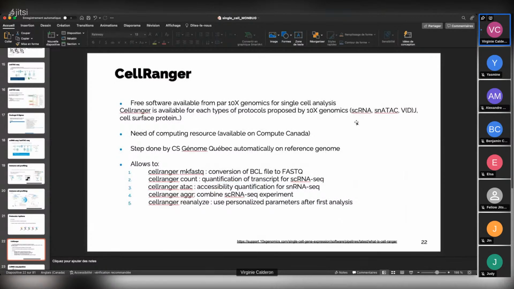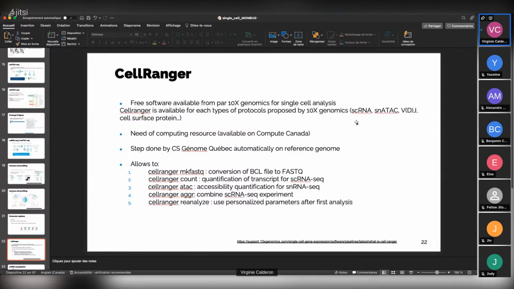Again, I'm not working for 10x, but 10x is proposing a Cell Ranger solution. That's something really cool. It's free software that comes from their website that is used to analyze all the data coming out of the Chromium.